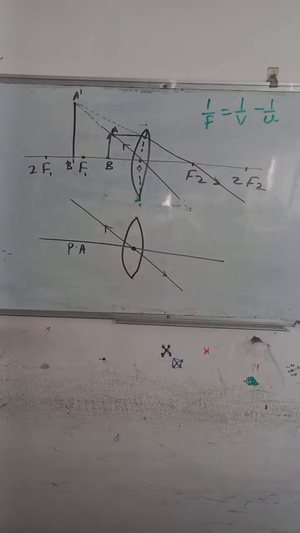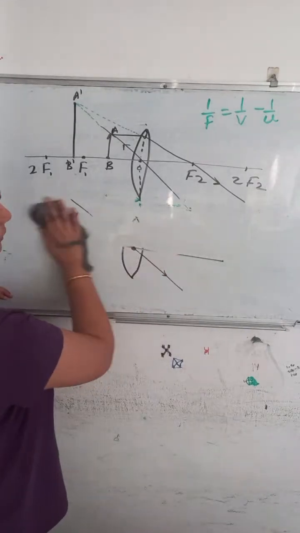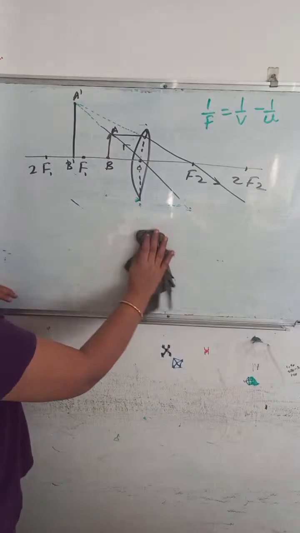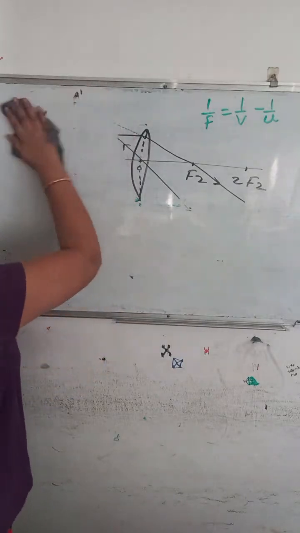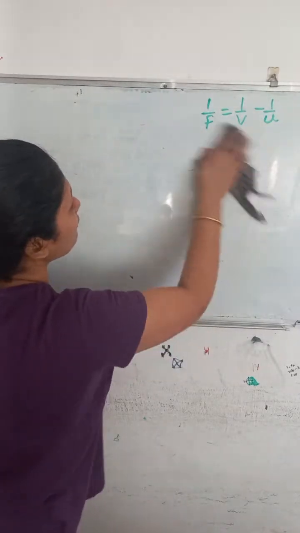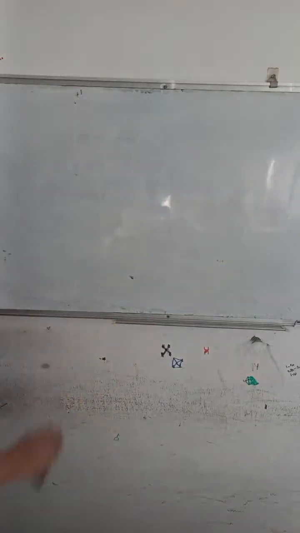Now here they are saying divergent lens. In the last session I told you divergent lens is nothing but your concave lens, and converging lens is nothing but your convex lens. It's very important.